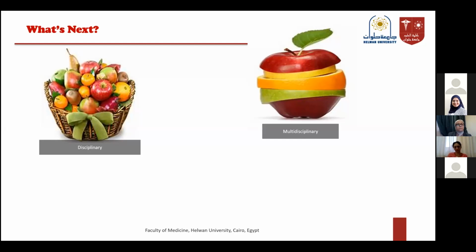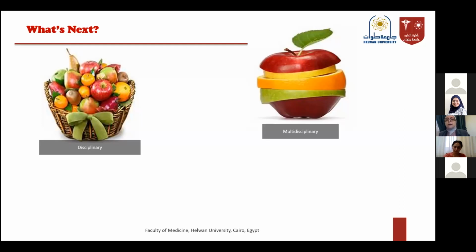I'm giving you some idea about the process, but I am not treating the patient. If I'm giving you the treatment of breast cancer, have I investigated the genetic basis of breast cancer? No. This is the difference between disciplinary and multidisciplinary.